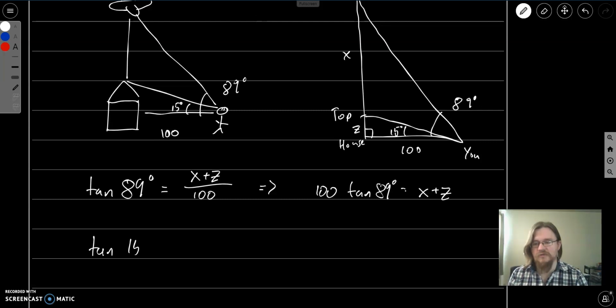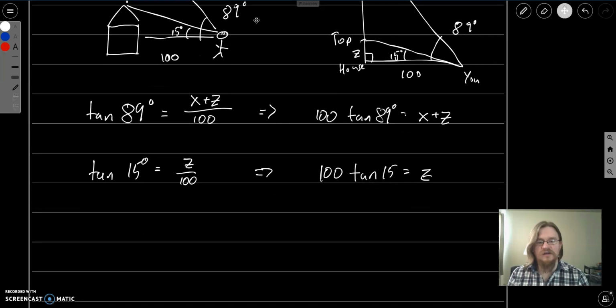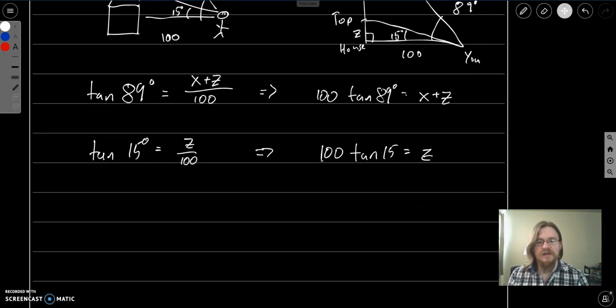The tangent of 15 degrees is going to be z divided by 100. Again, opposite over adjacent. So if I solve for z, I get 100 times the tangent of 15 is equal to z. Well, now that I know what z is, I can plug that in there and solve for x.